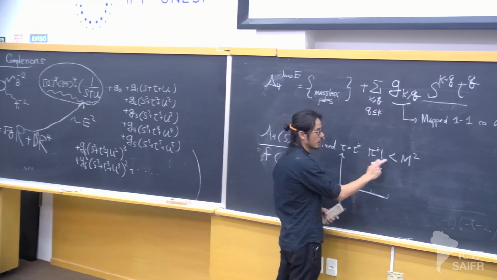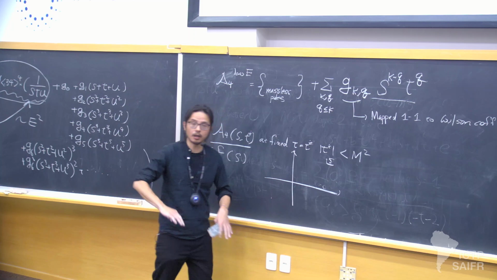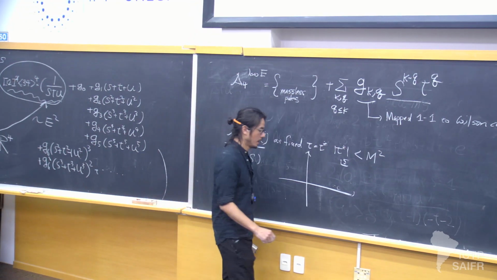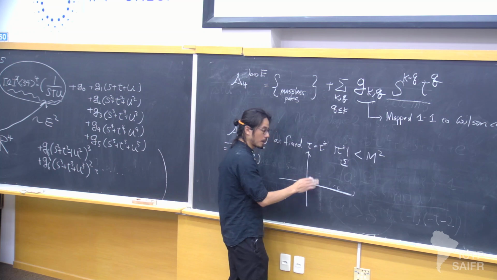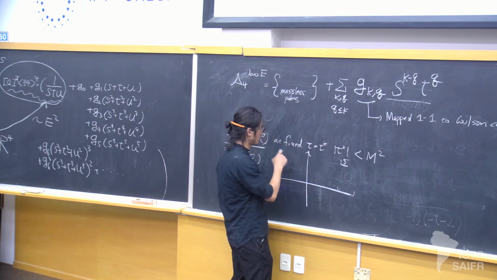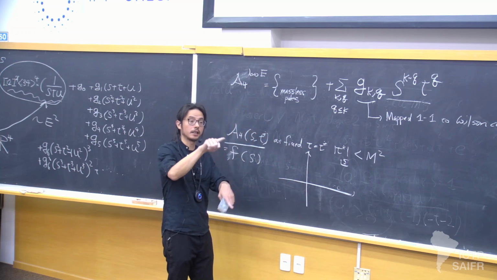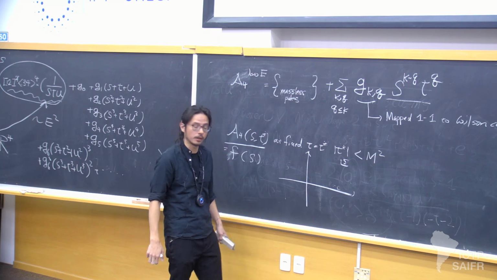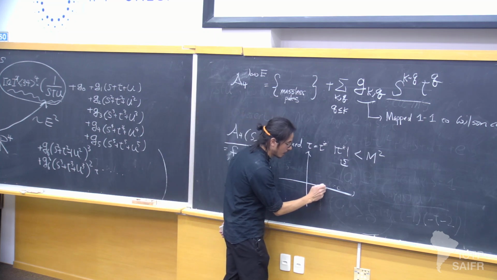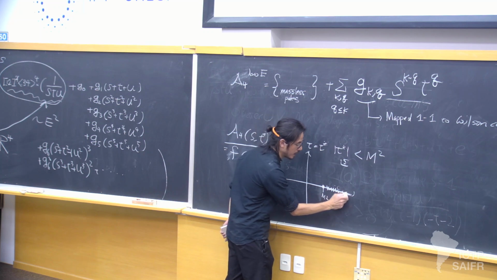Because t is very small, lower than all the UV physics, the only place where something non-trivial is going on is when the S channel is exciting the UV physics that generates these massive on-shell states. So starting from m squared, you can have poles or branch cuts, depending on how the UV states come in.